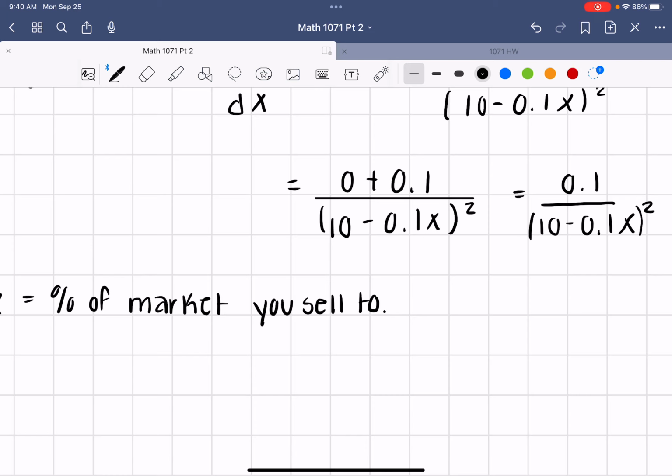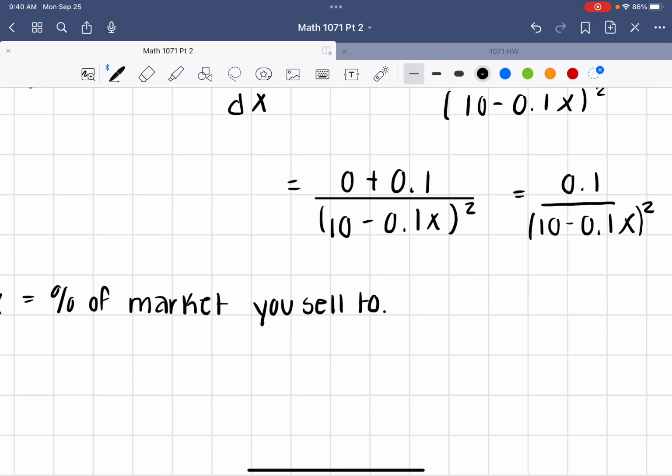Imagine if you tried to capture 100% of the market, look at what happens to your cost. If X is 100%, 0.1 times 100 is 10, 10 minus 10 is 0, you have a 0 in the denominator, which means this becomes huge.